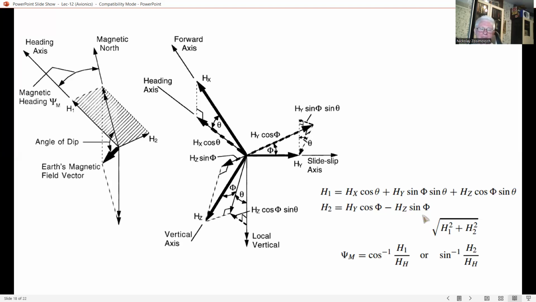And third, computation of the magnetic heading angle psi M from these two expressions on the bottom. The gyromagnetic heading monitoring system is illustrated in this slide.